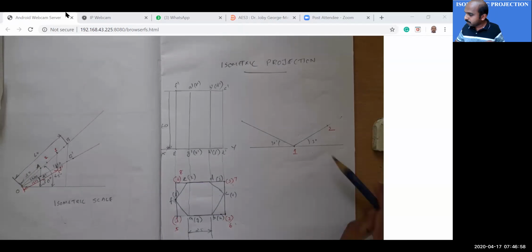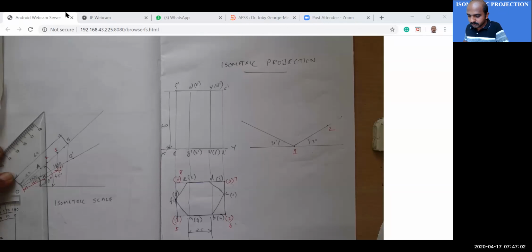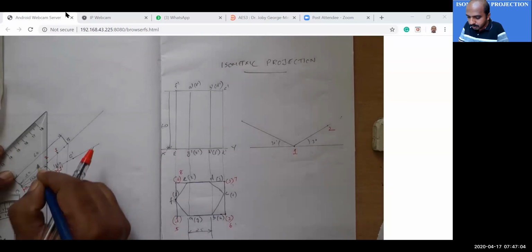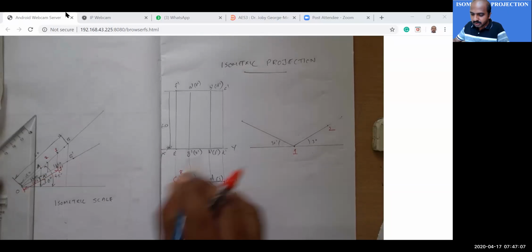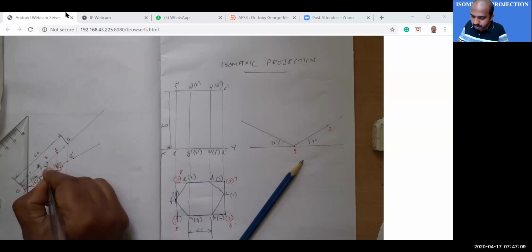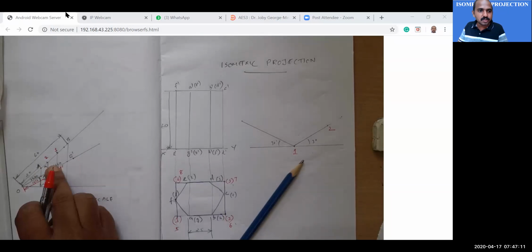Then from 2, you drop a perpendicular to the 30-degree line. This is your 2 dash. What is O2 dash here?